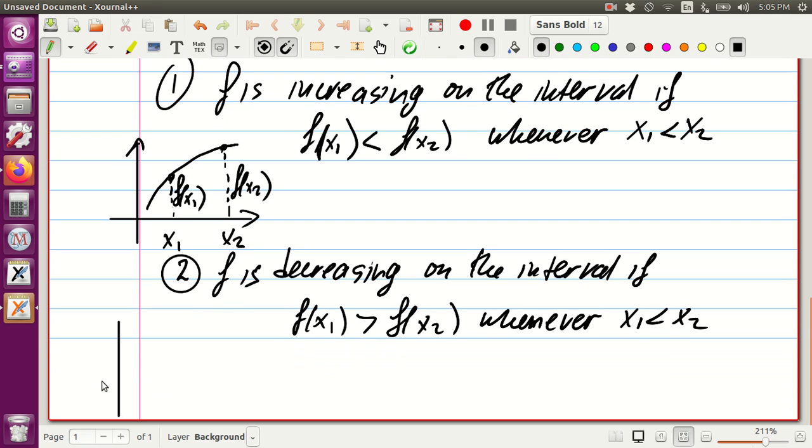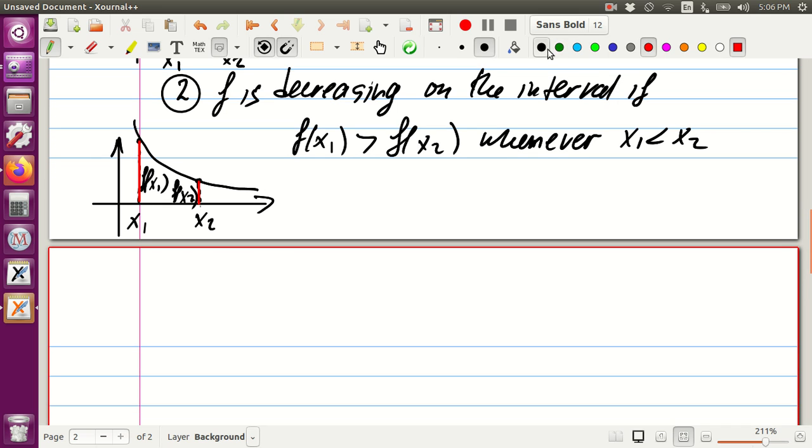Picture-wise, the function is decreasing, so if we pick x1 to be here and x2 to be here, this height f of x2 is smaller than this height f of x1. So basically this distance is bigger than this distance.